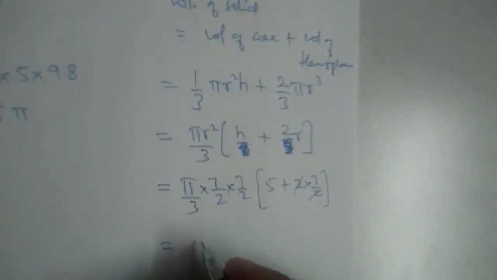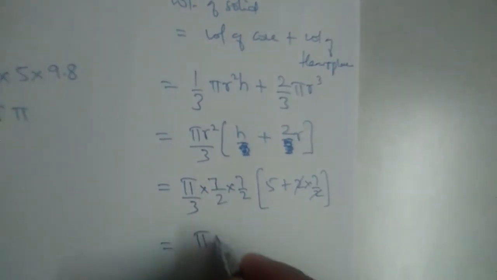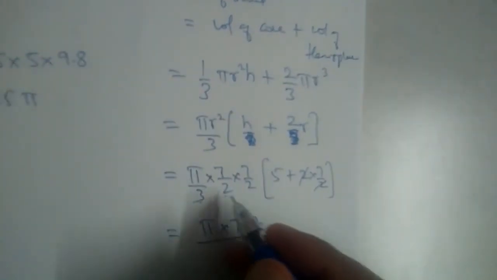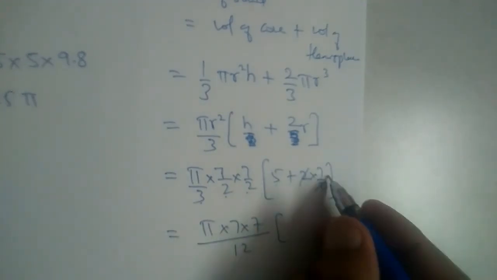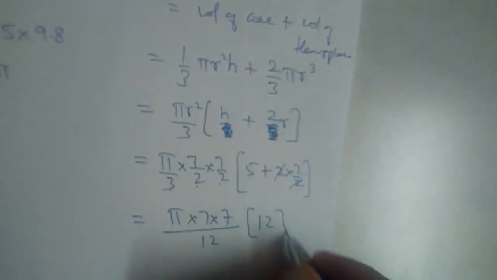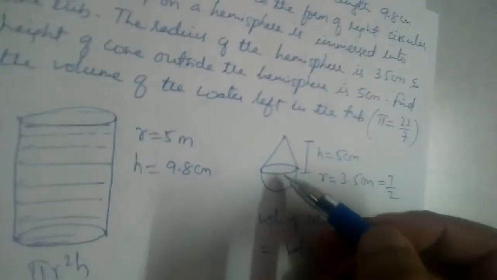We'll have pi into 7 into 7 by 3, 2s are 6, 6 2s are 12. 12, 5 plus 7 is left here, right? So 5 plus 7, 12. So this 12 will get cancelled. We'll have 49 pi. So volume of this solid is equal to 49 pi.